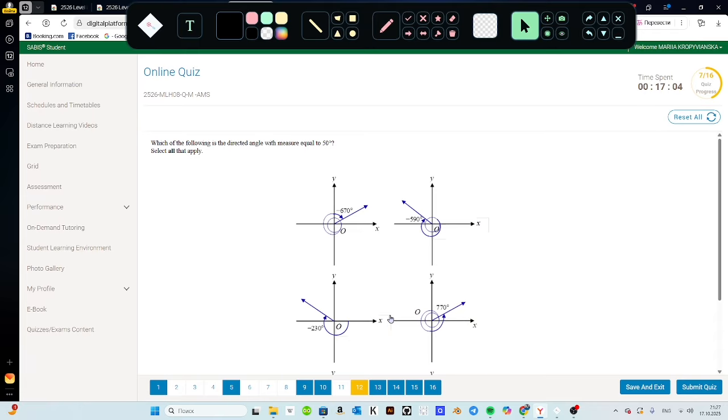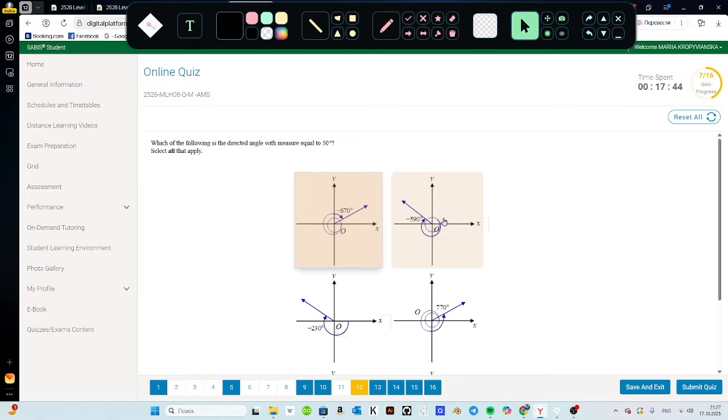Okay, so which of the following is the directed angle with a measure equal to 50? So here the circle does one rotation around its own axis and then goes one more. So it's going to be 670 minus 360 and minus 360 again, which gives us negative 50. That's the correct answer. Now again, here we do only one rotation and just a small click over here. So it's going to be 590 minus 360.